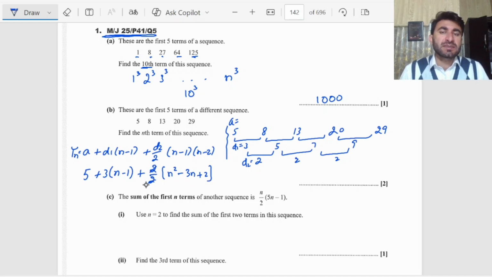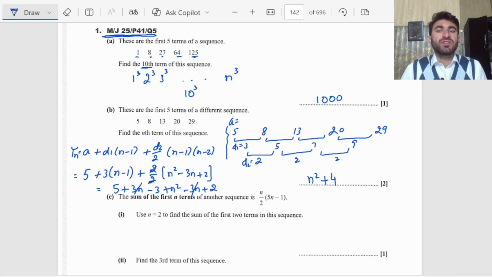So 2 is cancelled out and we are left with 5 plus 3n minus 3 plus n squared minus 3n plus 2. So after we cancel 3n, we are left with n squared plus 4. So that is the nth term of the sequence given in part B. It was a quadratic sequence, so we used the formula for the nth term of a quadratic sequence.